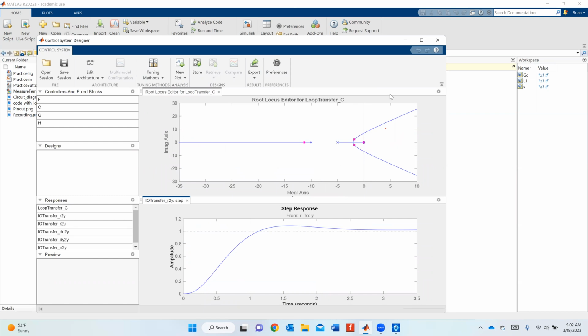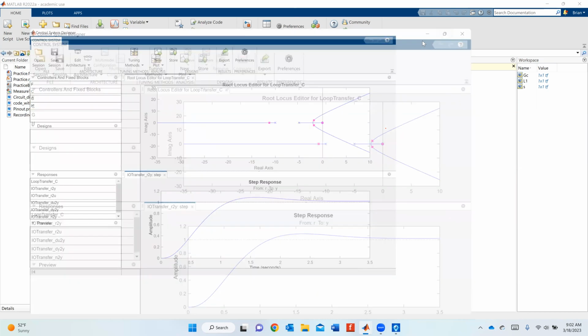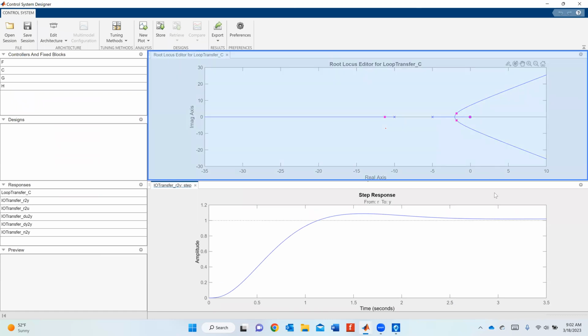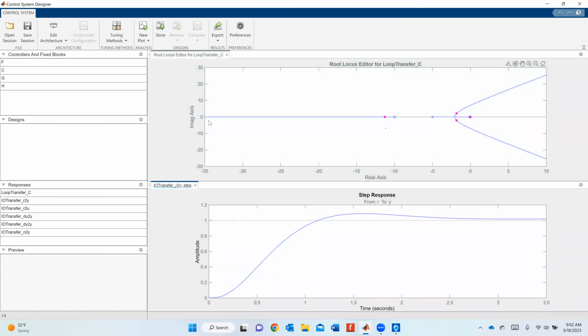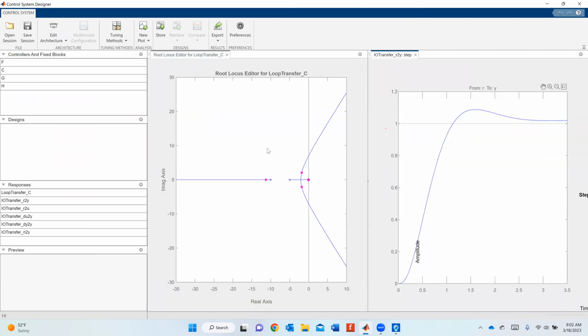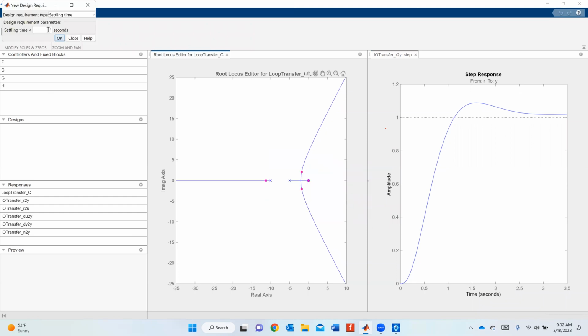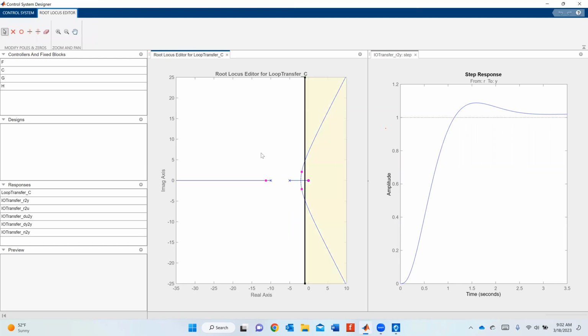Now we're going to pull this open and put it on the right-hand side here. Remember our settling time, you need to add that back in. It has to be less than 4 seconds, and then your percent overshoot had to be less than 20% for this example.